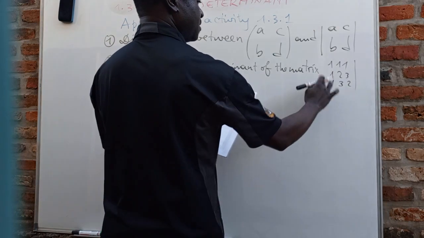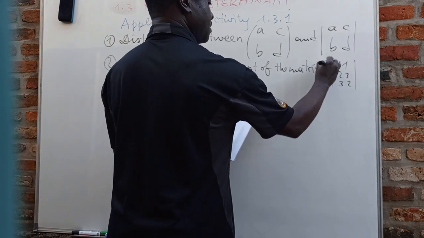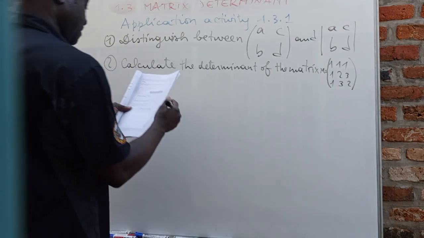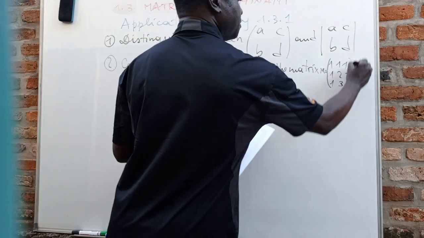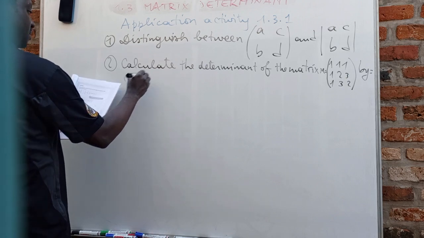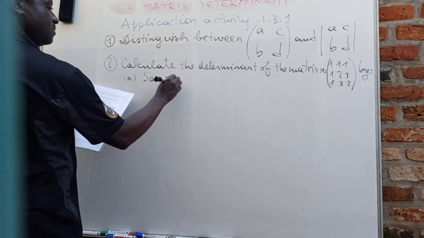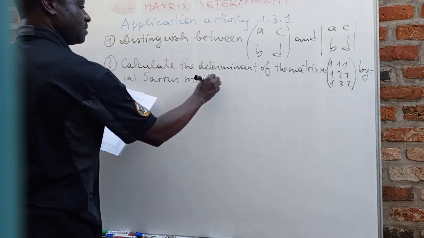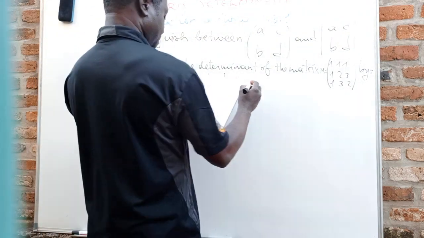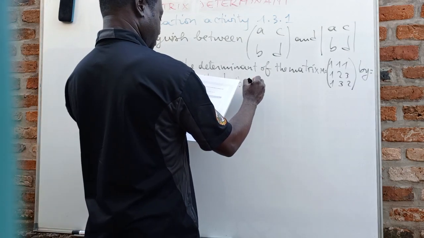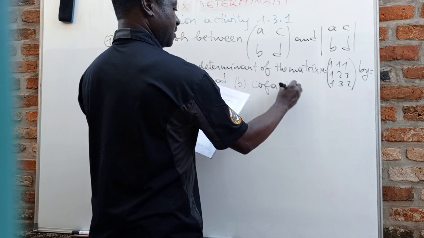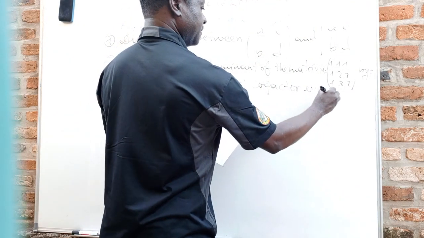Okay, it is matrix M. So there are two possibilities. The first, by using Sarrus method. The second possibility, by cofactor expansion.